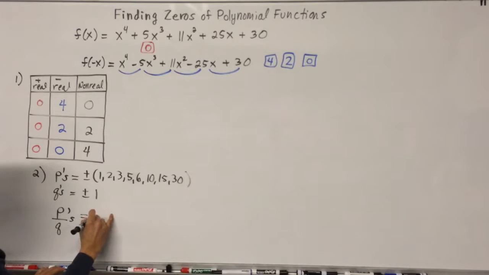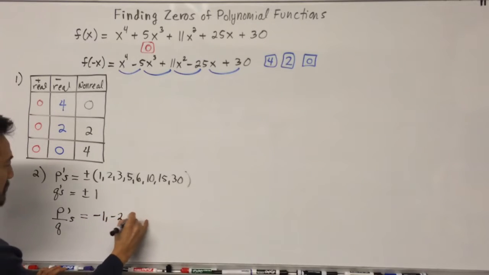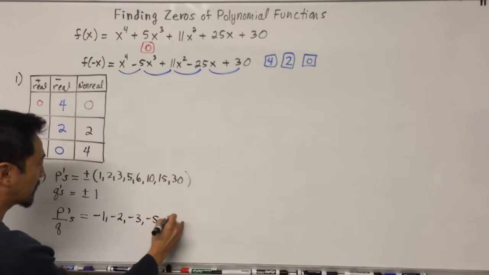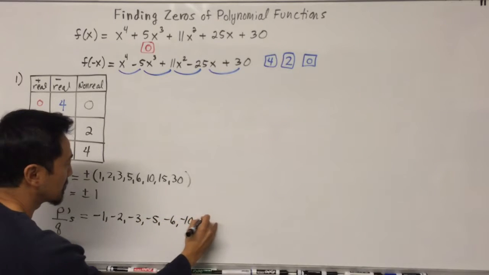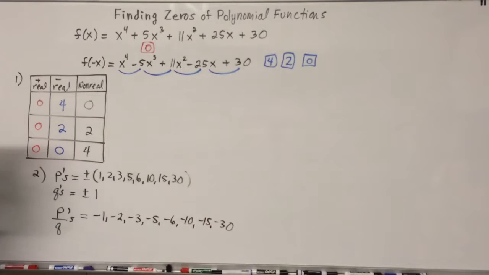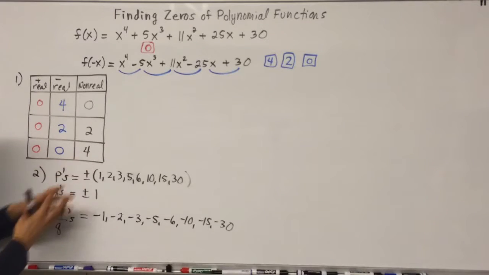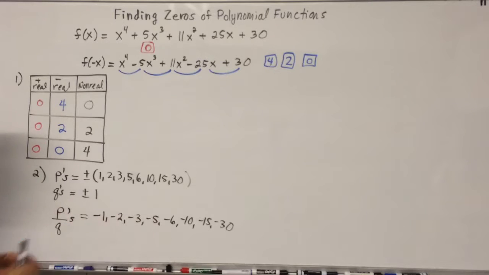So we're going to have -1, -2, -3, -5, -6, and so on. Okay? So that's very helpful. That really just shrunk our list of candidates down to half.